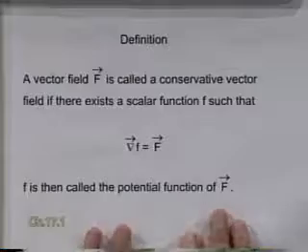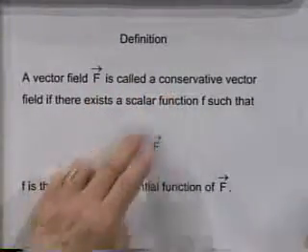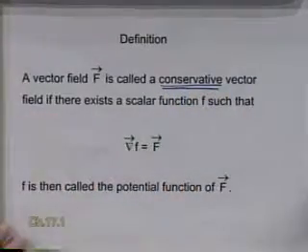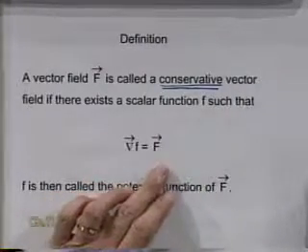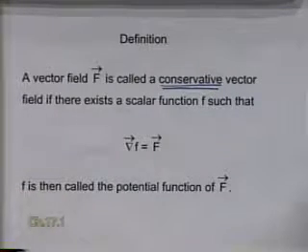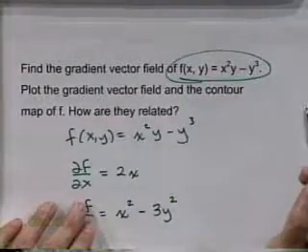Definition. A vector field F is called a conservative vector field if there exists a scalar function f such that the gradient of f is equal to big F. f is then called the potential function of F. What we did a few minutes ago is we had a function here, f of x y equal to x squared y minus y cubed.